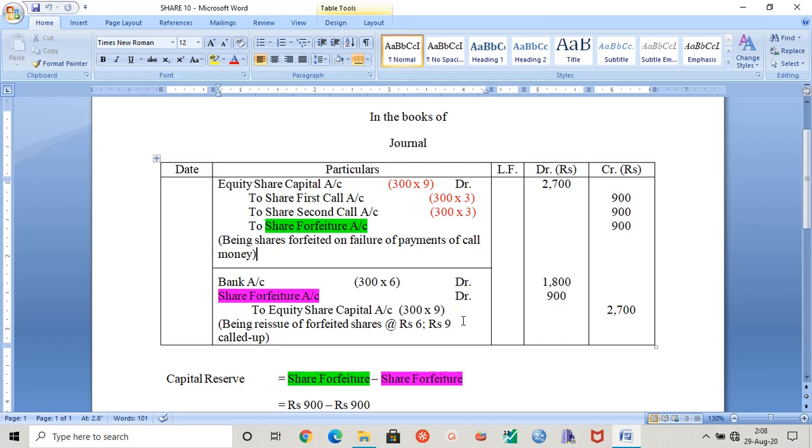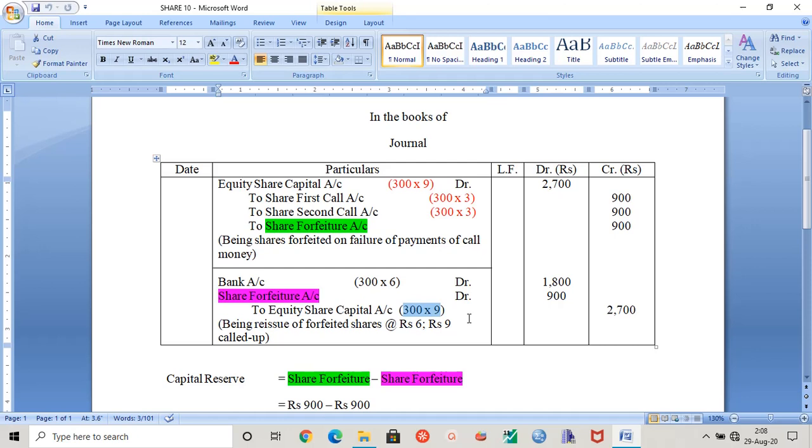These shares were eventually forfeited by the directors and were finally reissued at rupees 9 per share paid up. This rupees 9 refers to this part, which means out of rupees 10, rupees 9 has been called up, or paid.